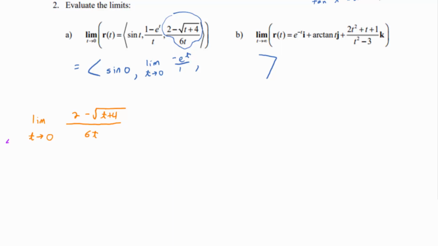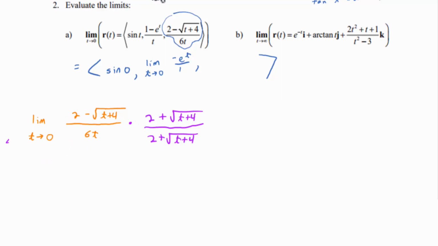Let's see if that works. It's just when you have a number plus or minus a square root, it's a trick to try. You don't necessarily know for sure if it's going to work. So we're multiplying by 1 in the form of the conjugate of the numerator, 2 plus square root of t plus 4, divided by the same thing. And that's a trick worth talking about, I think.